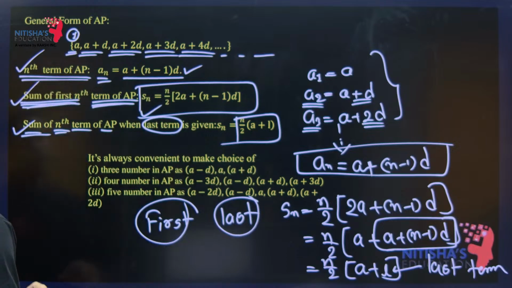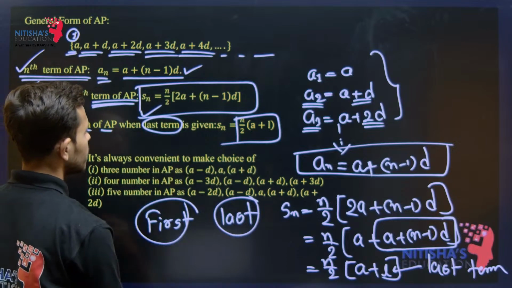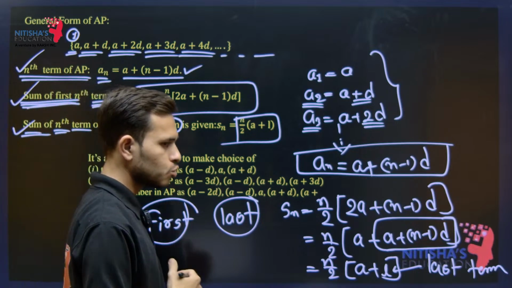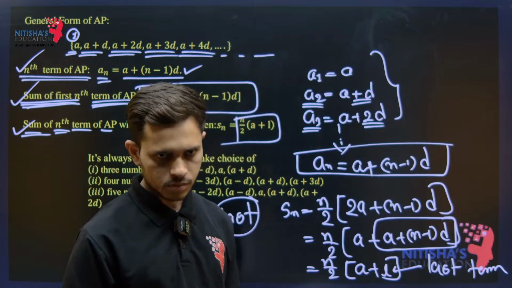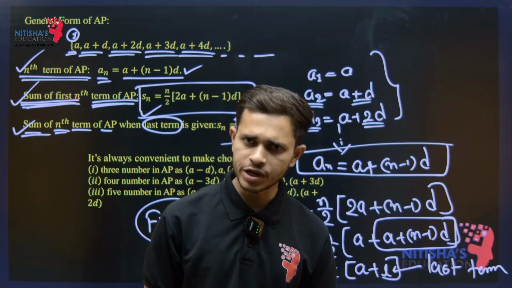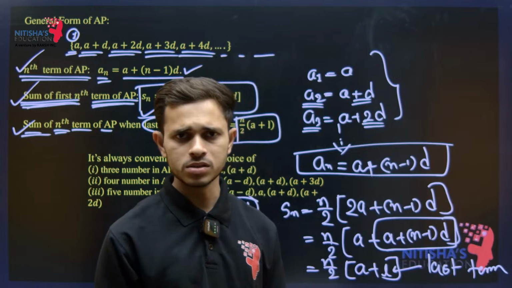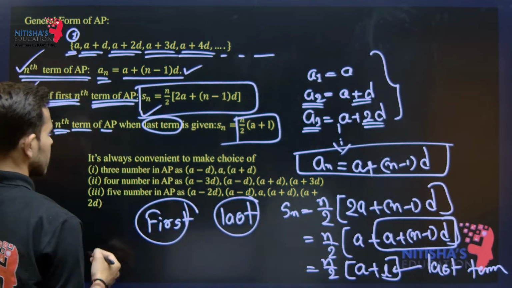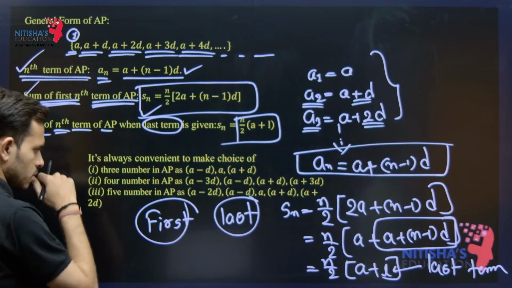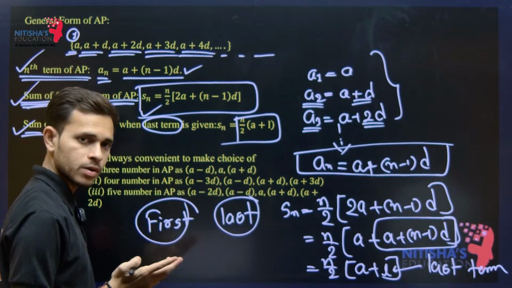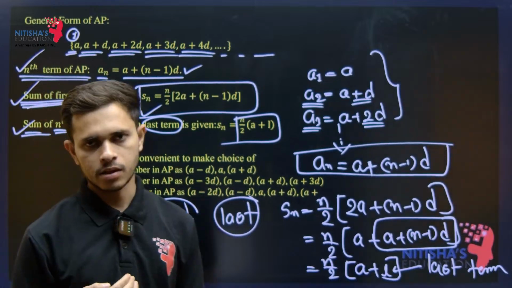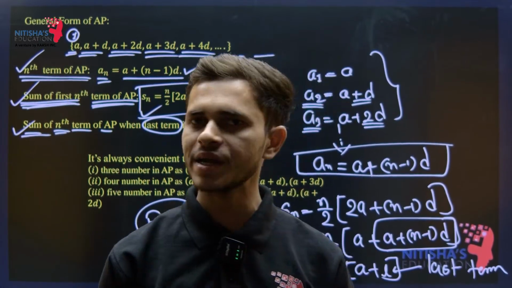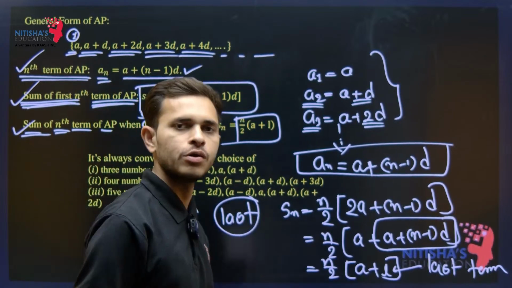Done. Next, in our chapter, there are questions when we need to take some numbers. If they are saying that you have to take 2 numbers or 3 numbers, then which numbers will you take? So if in a question they are saying that there are 3 consecutive numbers whose sum is x and whose product is y, and you have to find those numbers, then which numbers do you take?